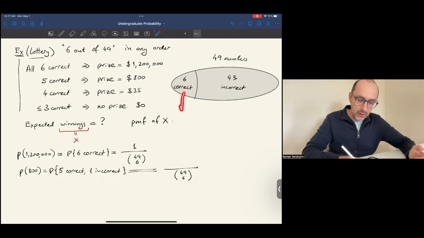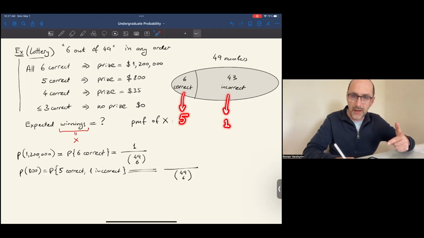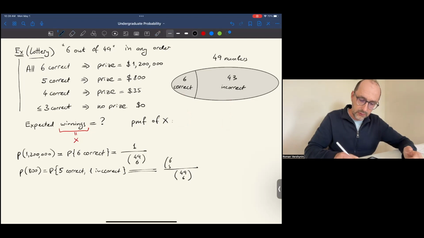To do that, we need to choose 5 numbers from here and 1 number from here. So 6 choose 5 times 43 choose 1, because of the multiplication principle. For any choice of the correct numbers, there's this many choices of the incorrect numbers. So we get 6 choose 5, 43 choose 1.